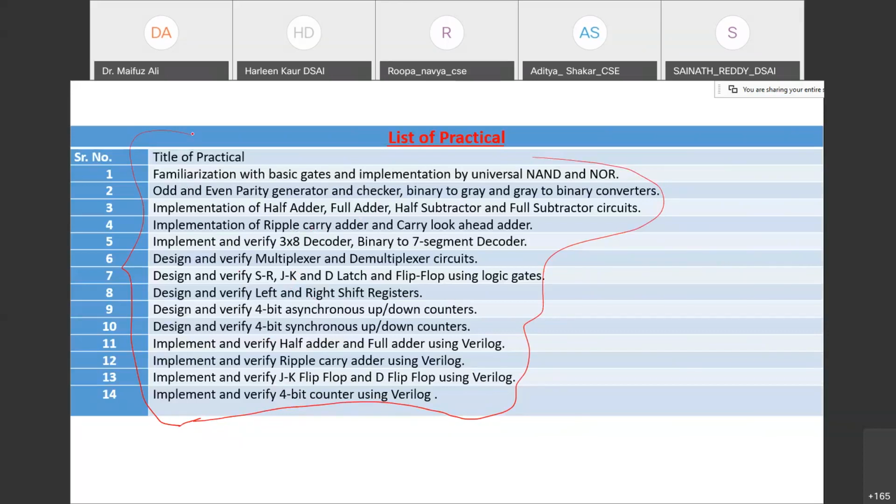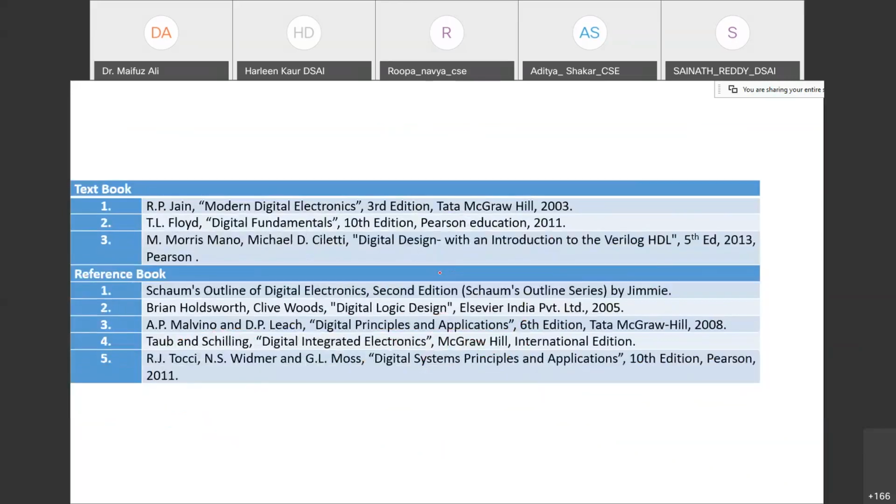Using these simulation tools, we can implement some part of this practical, not all. Up to 1, 2, 3, 4, these 4 practicals we can do online. The rest we have to think about how to implement.